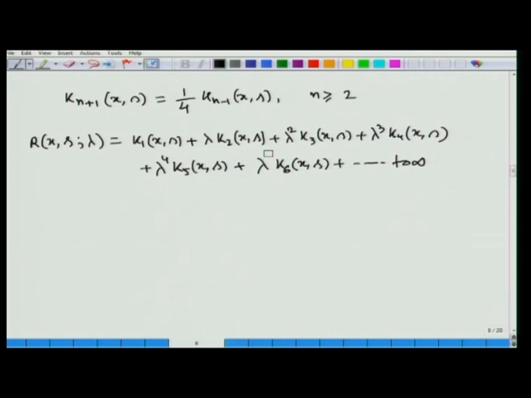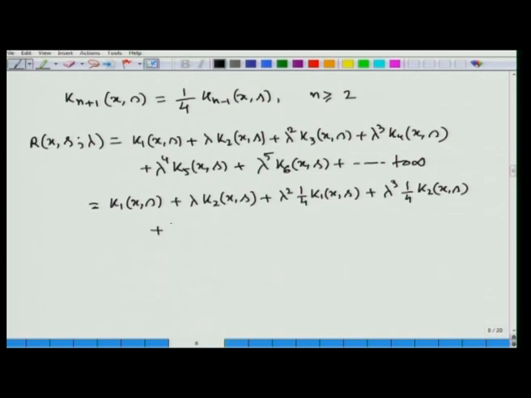And now we can use this result for iterative kernels and some initial results to get this will be equal to k1(x,s), as usual there is no change for k2(x,s), then lambda square it will be 1 by 4 k1(x,s) plus lambda cube it will be 1 by 4 k2(x,s), and then lambda to the power 4 1 by 4 k3(x,s) plus lambda to the power 5 1 by 4 k4(x,s) plus dot dot up to infinity.